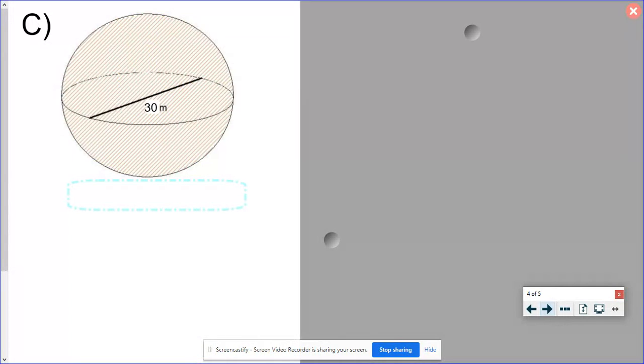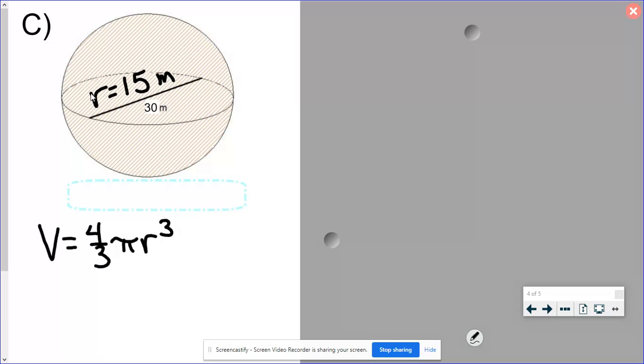For a sphere, this time they're giving me the diameter all the way across. So the radius is going to be 15 meters. My formula, 4/3 pi r cubed.